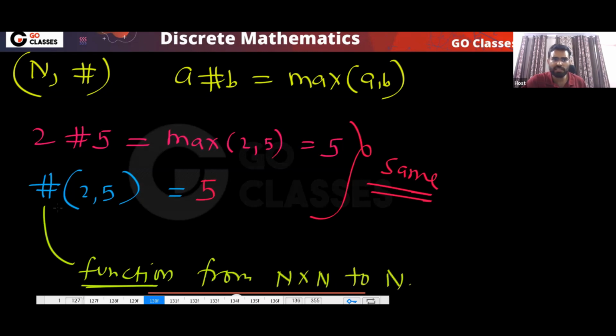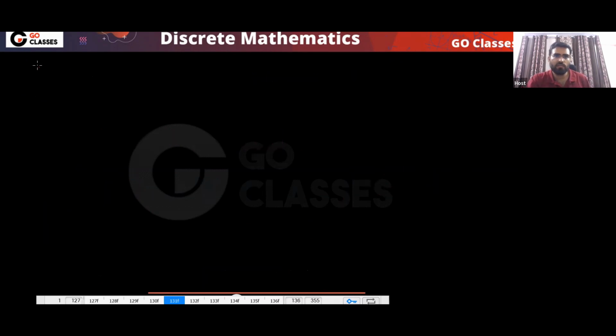So that is the reason I can say hash of 2 comma 5 is 5. For example, if I ask you what is hash of 1 comma 100, that will be 100. Just one last example for clarity, if anyone has any doubt.